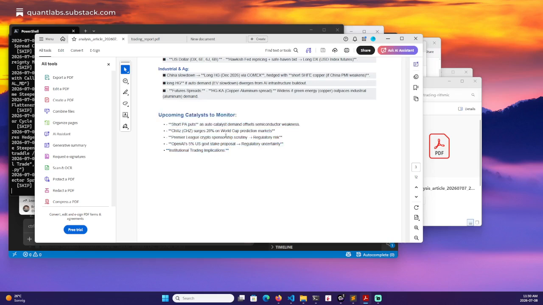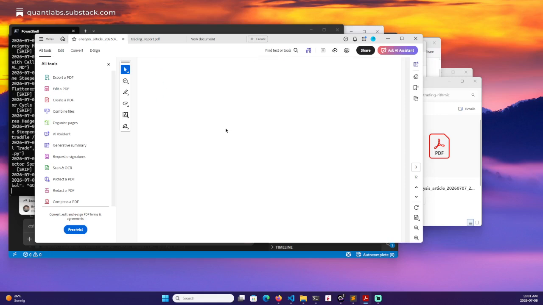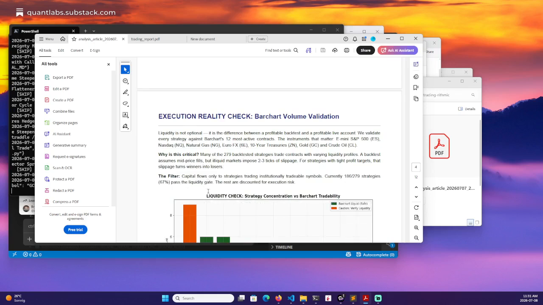This one is cryptocurrency on World Cup prediction markets, and then we have OpenAI as well. That's going to drive something somewhere. In this case, OpenAI 5% government will drive something in one of the equity markets.